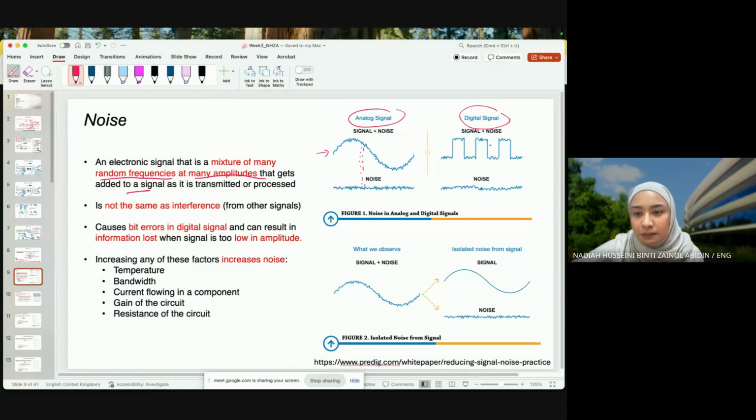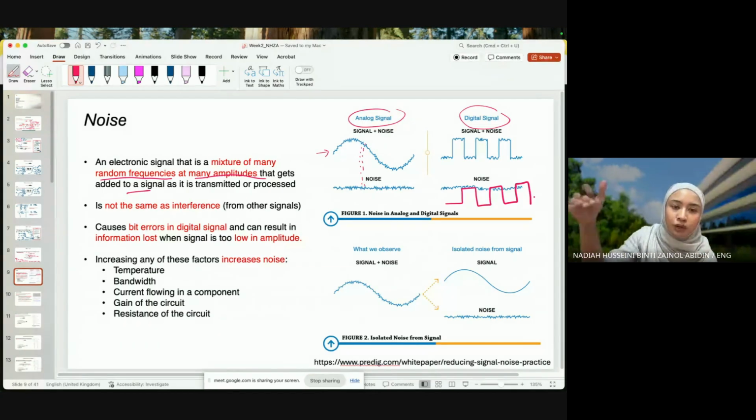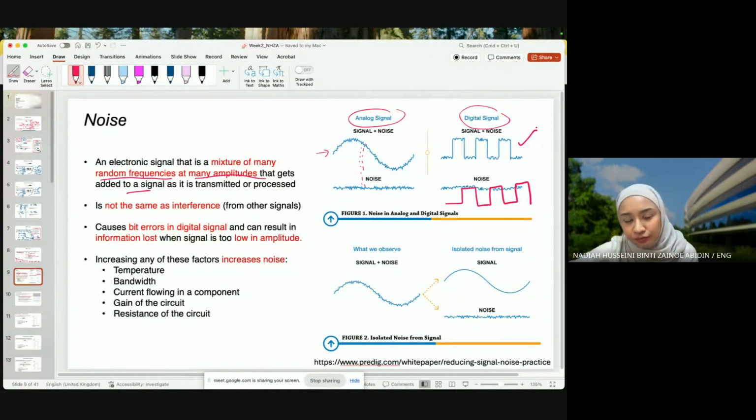Okay, so same case over here. If it's digital, the actual signal is clean, but when it gets transmitted, there's noise added to the signal, so this is what you get. And to remove the noise so that you get a good signal back, you have to do some filtering or some modulation techniques. Okay, so this is how it looks like.